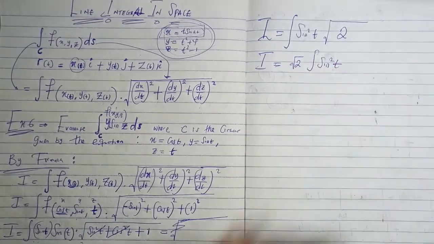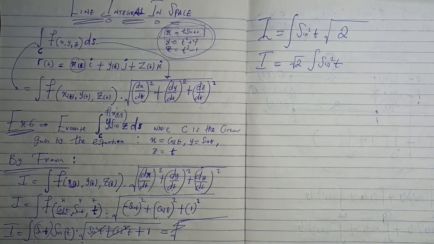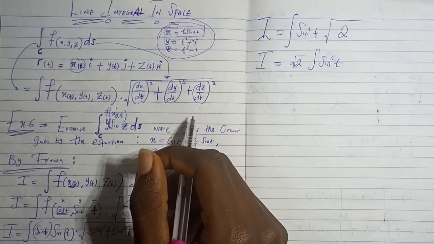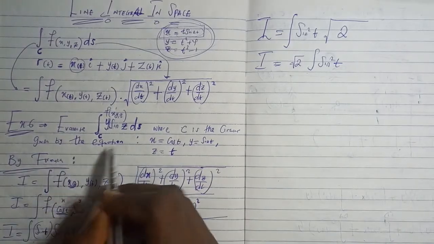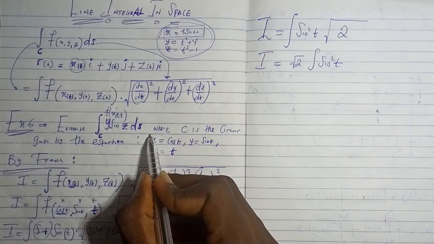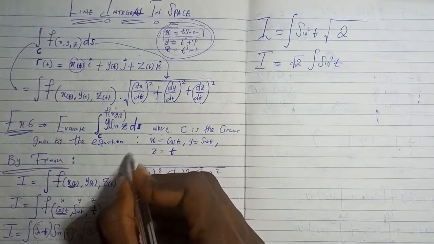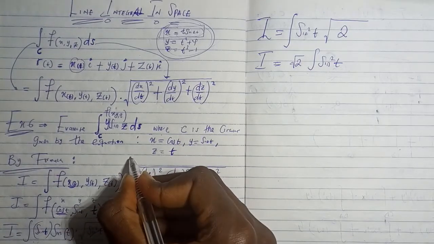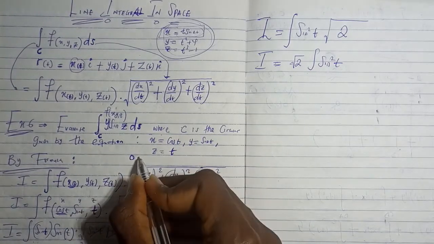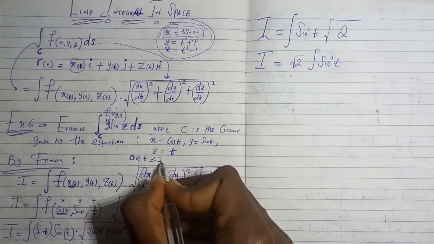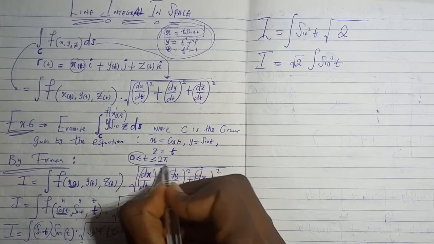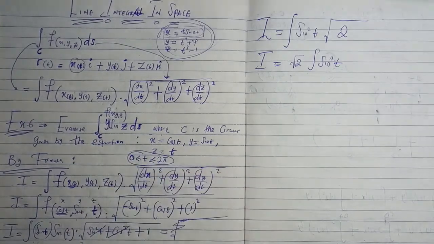So let's check, something might have been left out in the question. I have just checked now. The question says, given this equation, another thing was stated, where 0 is less than or equal to t is less than or equal to 2 pi. So the range for t is given in the question.